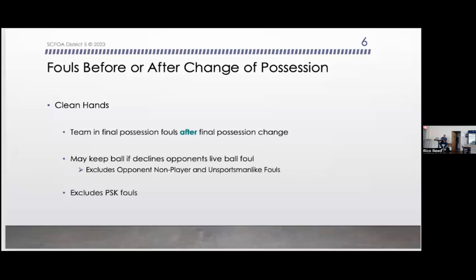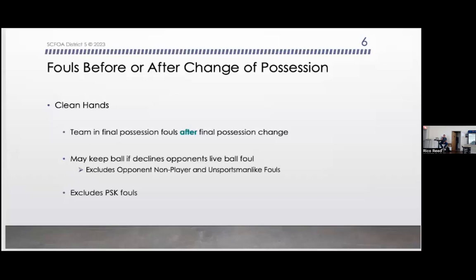So when you throw your flag for a foul, it's not enough just to see the foul. You need to know the status of the ball. You need to know team possession. You need to know obviously what the foul was, and you also need to know the result of the play when you come report it.